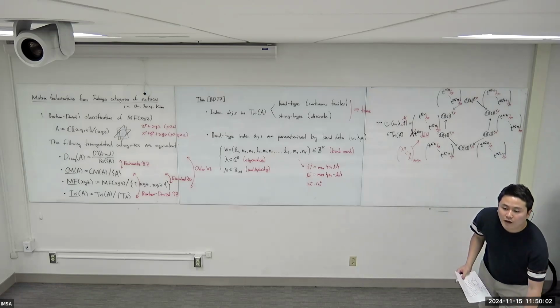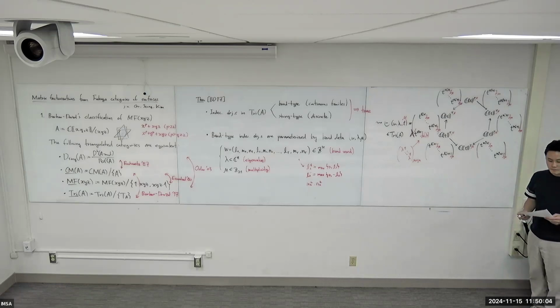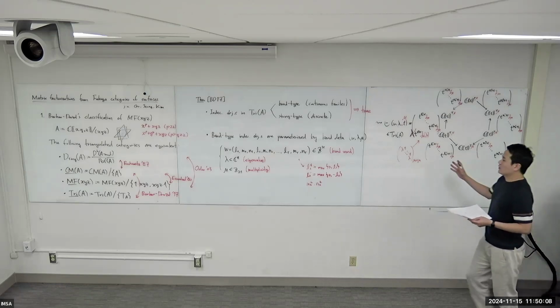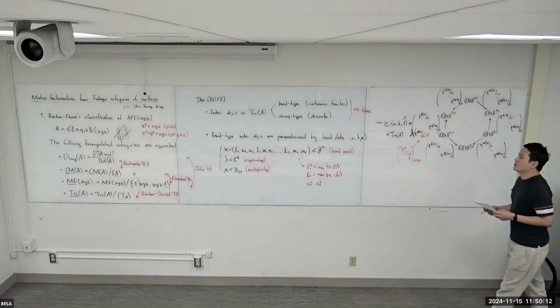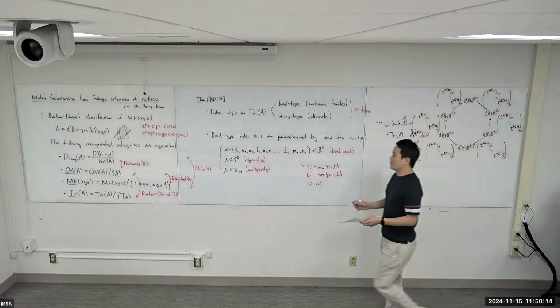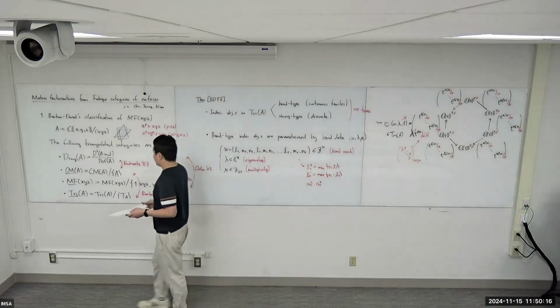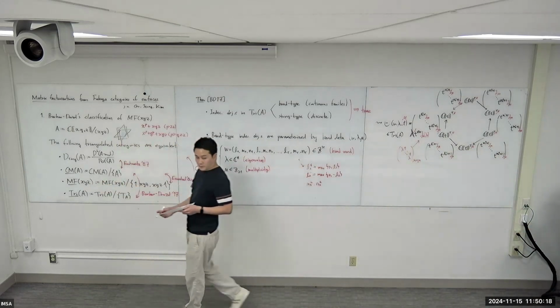Any other questions? Okay, so we already have a very beautiful classification of category filters, and at the same time, Cohen-Macaulay modules and matrix factorizations.